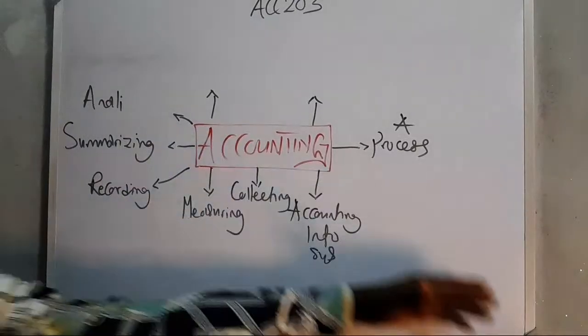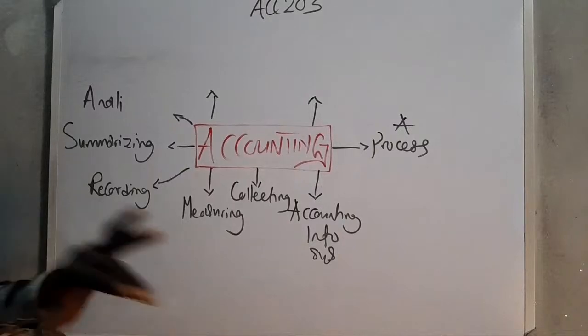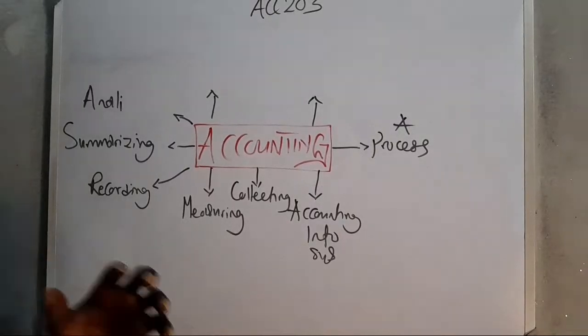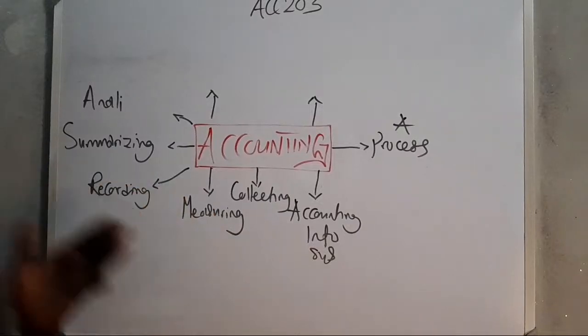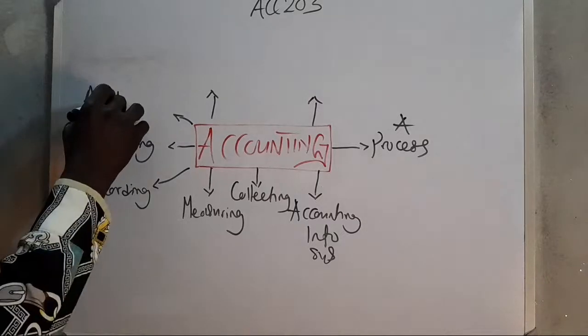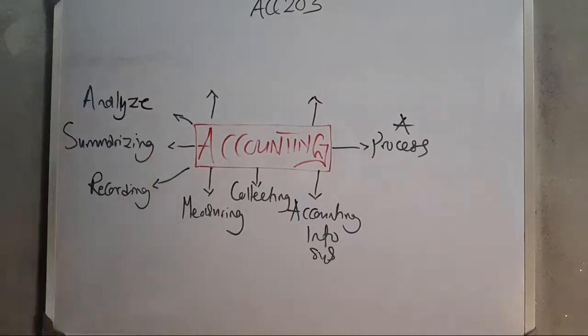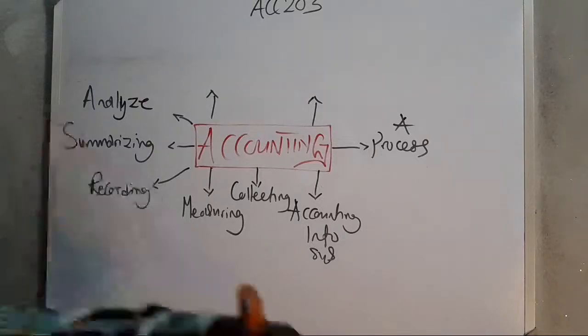Now, this accounting information system is so that we can collect, measure, record, summarize, and analyze. What are we analyzing? Analyze and communicate.